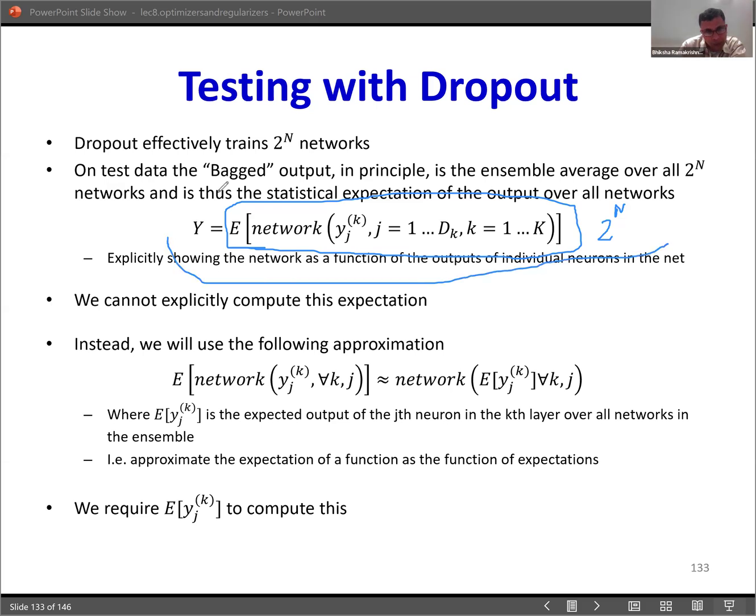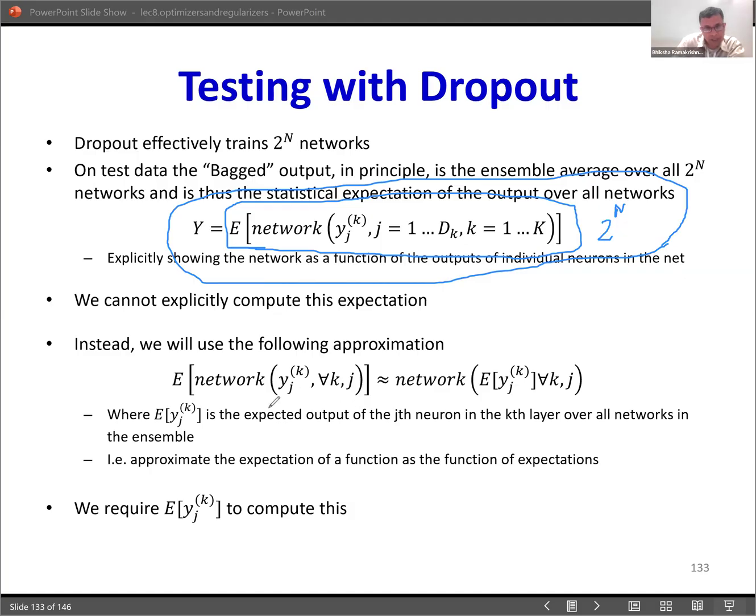This is what bagging would do. Is this making sense? Number one. Number two, is this feasible? A, is this making sense, guys? That this is what you want to do. You're effectively learning 2 raised to n networks and you want to average over all of them. This is what you want to do, but it's not feasible, right?